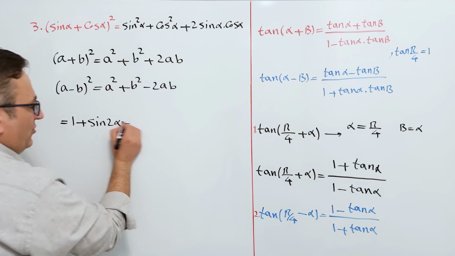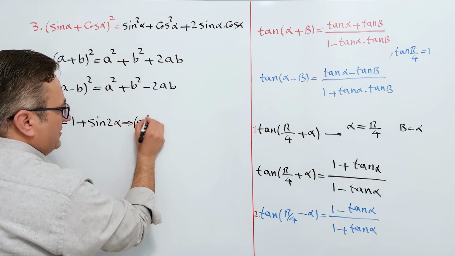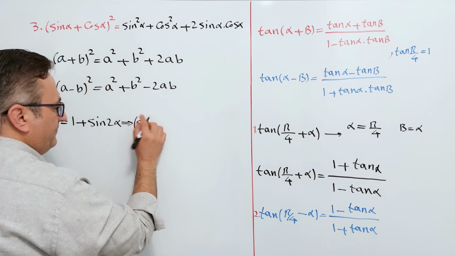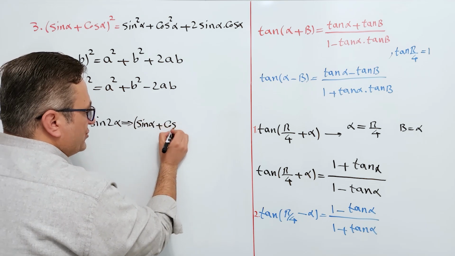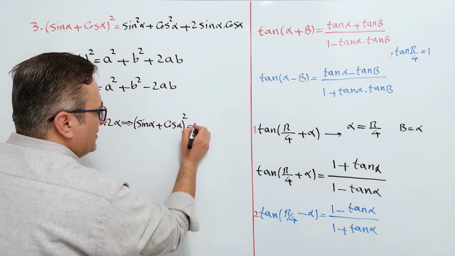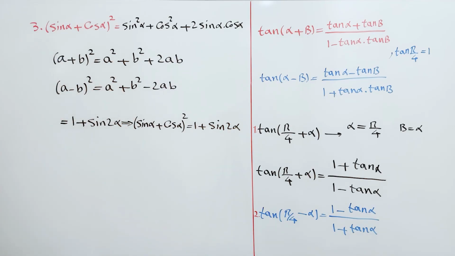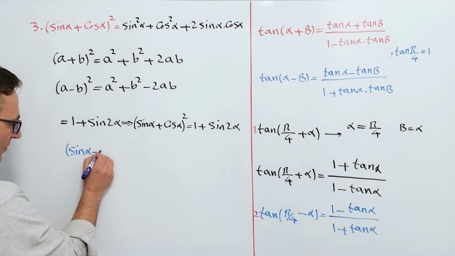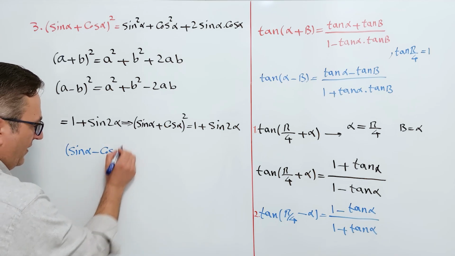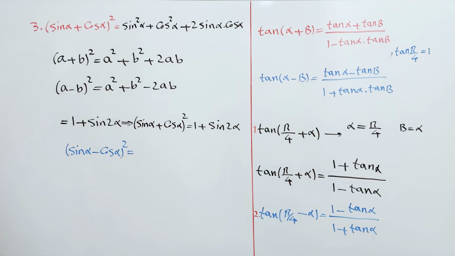Okay, so sine alpha plus cosine alpha all squared is equal to 1 plus sine 2 alpha. And also, sine alpha minus cosine alpha all squared is equal to.